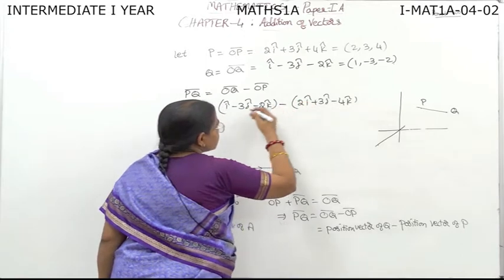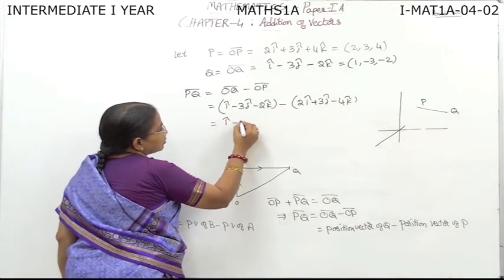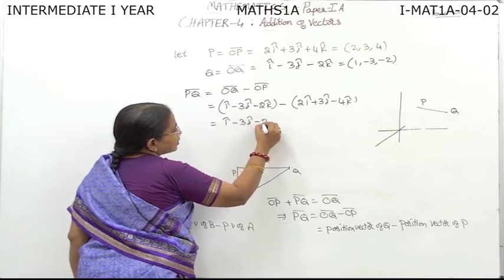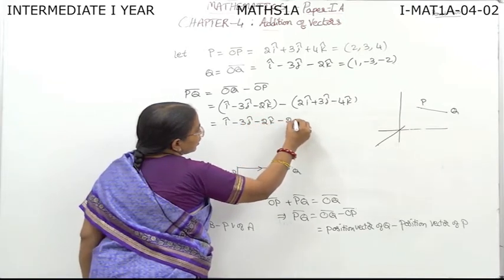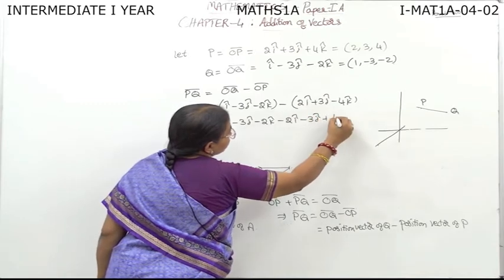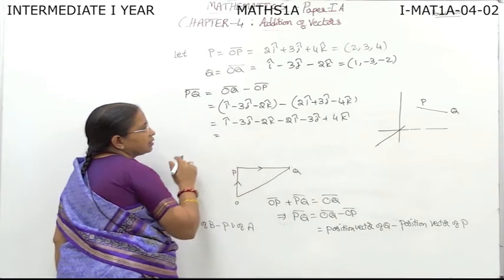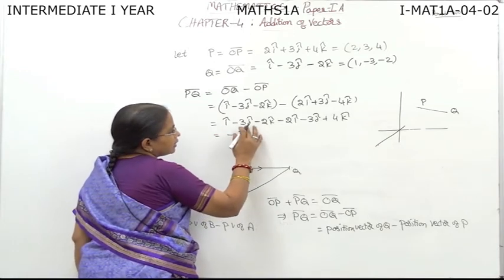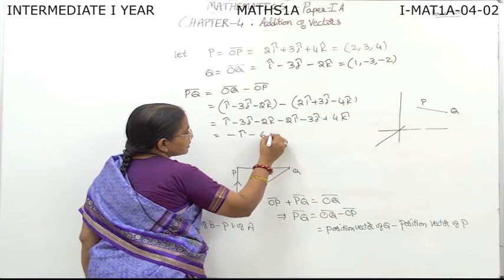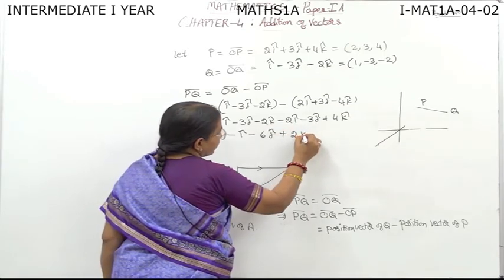Now it is just like terms you add, subtract. So i minus 3j minus 2k minus 2i minus 3j minus 4k. Now the i terms when you simplify it is minus i, and then j terms it is minus 6j, and then this is plus 2k.